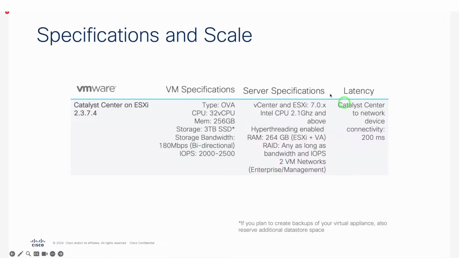For the server specifications, we require vCenter and ESXi at least on version 7.0, and an Intel CPU of 2.1 gigahertz and above. HT must be enabled, and the minimum RAM, if you're using standalone hosts, is 264 gigabytes to host the ESXi hypervisor and the virtual appliance virtual machine.